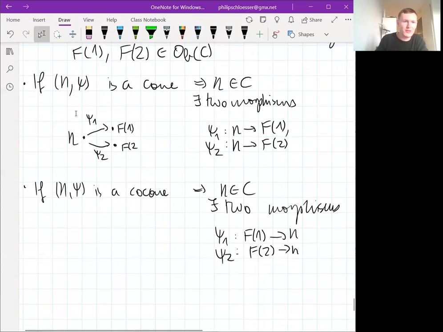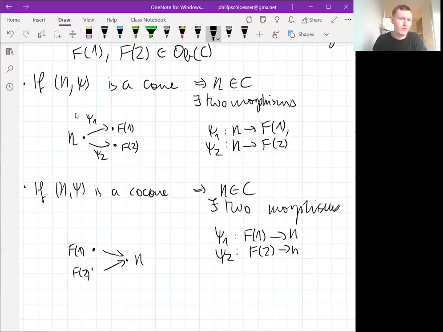And again, that coherence condition just vanishes because we have no maps between 1 and 2, because we chose the discrete category. So what does this look like? We have F1 and F2, and then we have n and just two morphisms.